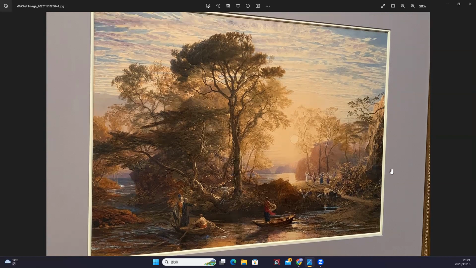Color in art is not just about aesthetics, it conveys moods and atmosphere, and can be symbolic.